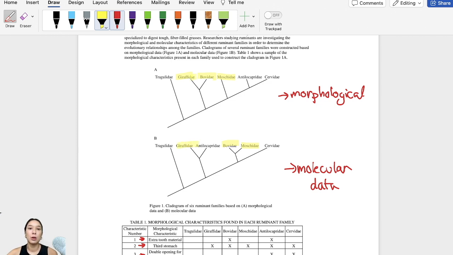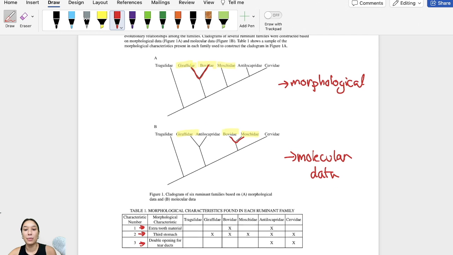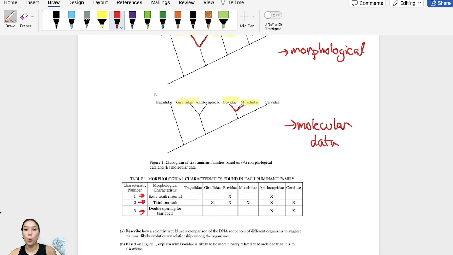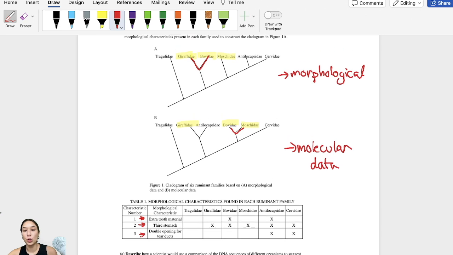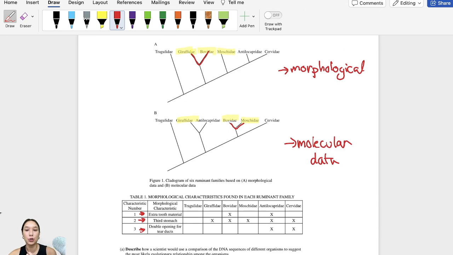Okay, so we can see in A that Giraffidae is more closely related to Bovidae, right? However, in B, Bovidae is more closely related to Moschidae. So we're seeing 2 different patterns here. They're now asking you, why is it more likely that the Bovidae is more closely related to Moschidae than it is to Giraffidae?